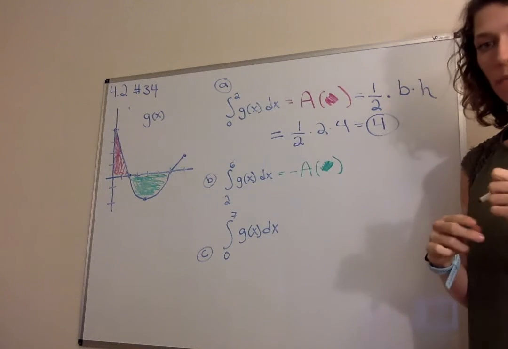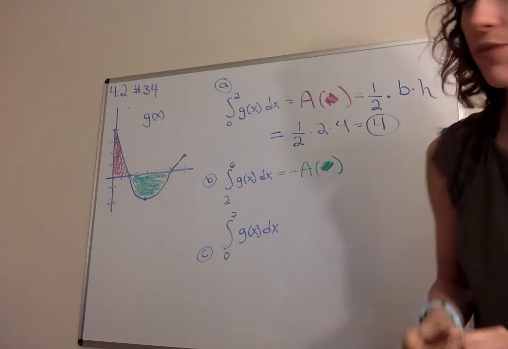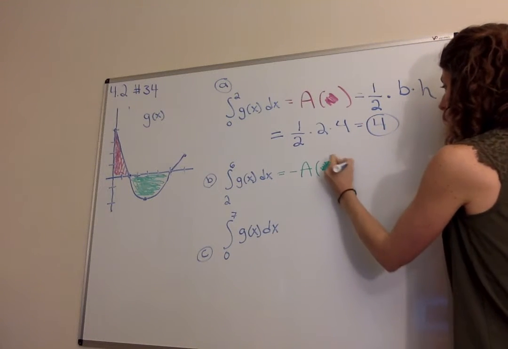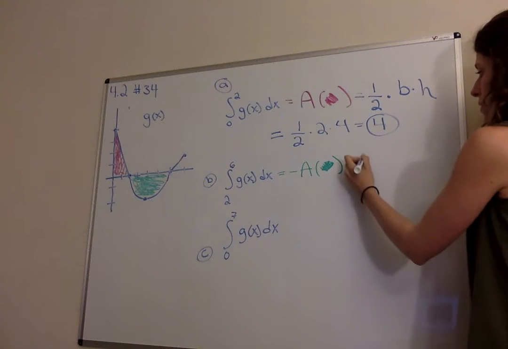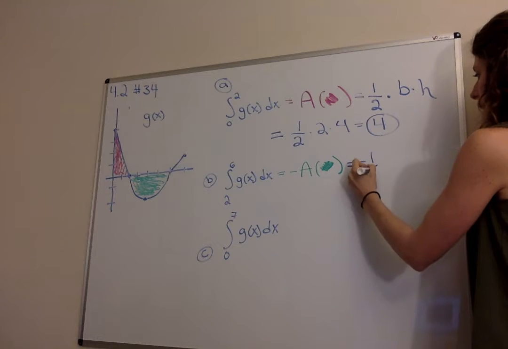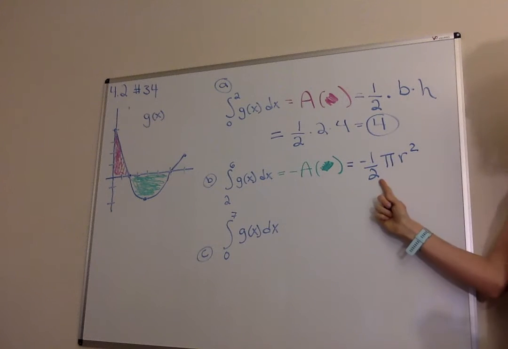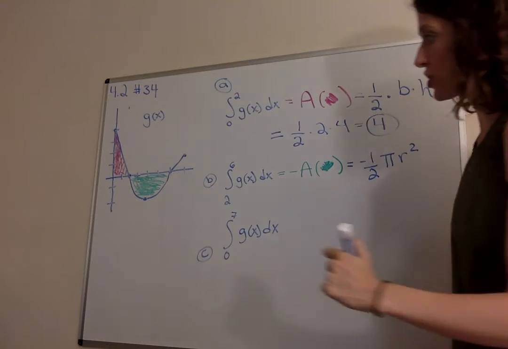We want to remember the formula for the area of a circle. The area of a circle is pi r squared, but here we're just taking half the circle. So our result is going to be negative 1/2 pi r squared, and that 1/2 is coming from the fact that it's just half the circle. To figure out what the radius is, we look at the picture.